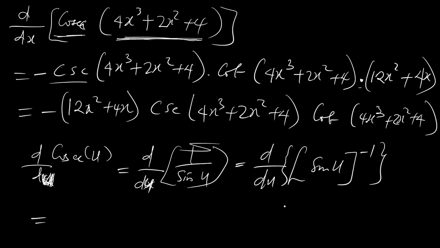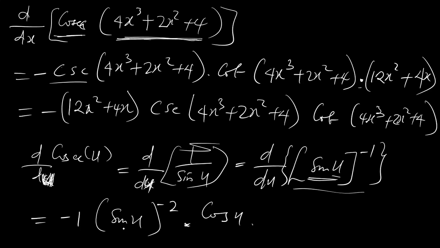Now if you differentiate the whole of this function with respect to this sine u, you have minus 1 into sine u raised to the power minus 2 times differentiating this sine u with respect to u, you have cos u. Now this will give you minus cos u divided by sine square u.